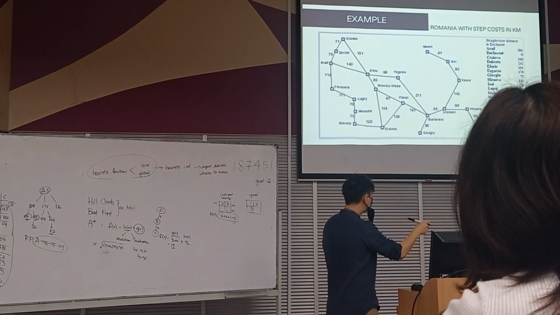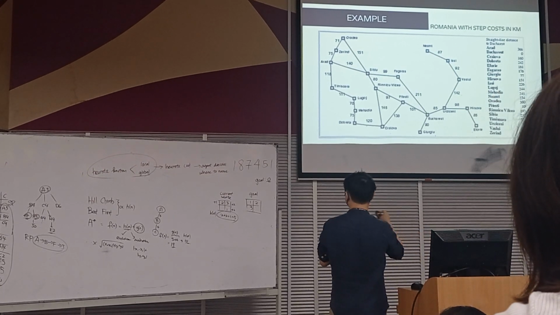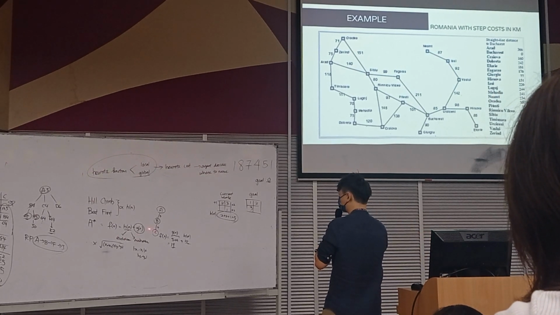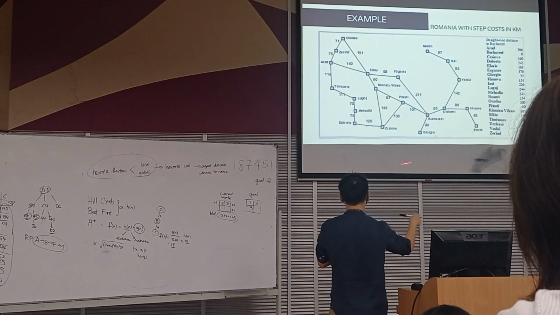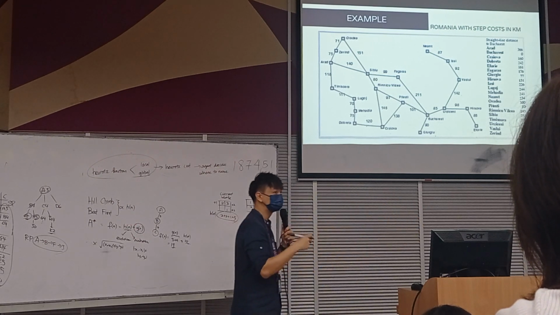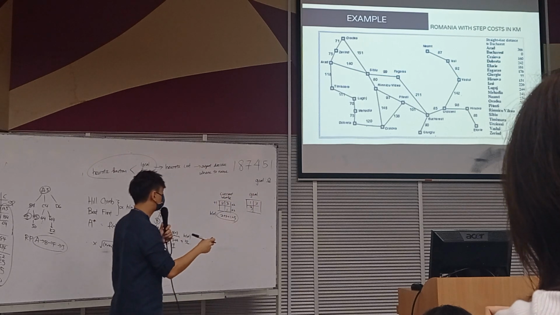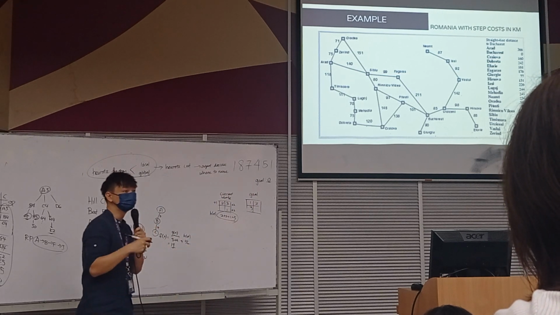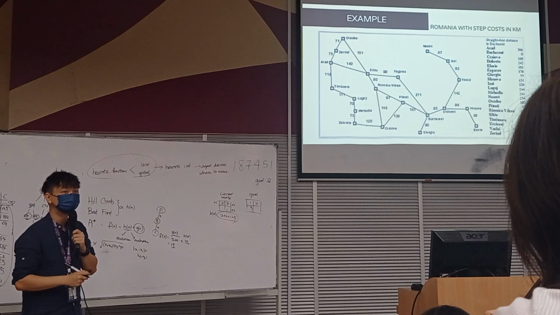Alright, so you have the heuristic cost, you have the step cost, which are these two parameters, then this is an A star question. You can use these two parameters, Gn and Hn, to find the shortest distance.